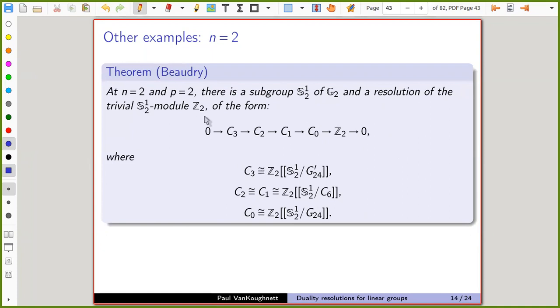At n equals 2 and p equals 2, there's a version of this which was constructed by Agnès Beaudry. She constructs her resolution just for a certain subgroup of G2, which is called S21. And there's a resolution of the trivial module for this group out of modules induced from finite subgroups of this thing.